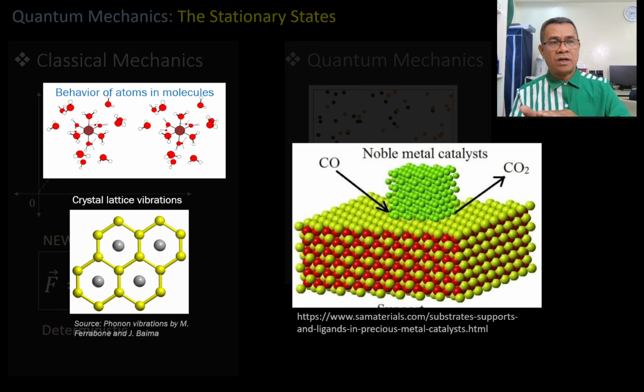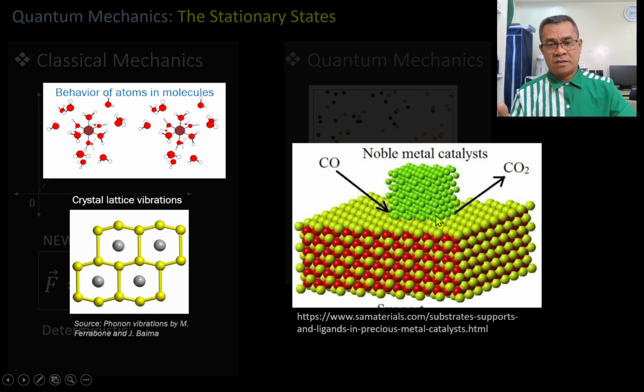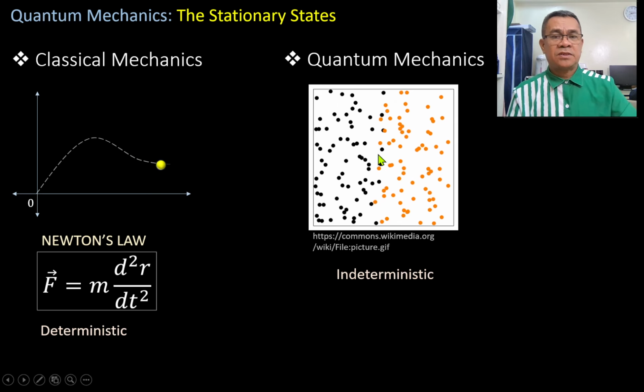So the amount of absorption will dictate the capability of the surface, the catalytic ability. The greater the absorption, the better the material for catalysis. So therefore we badly need to solve these systems.